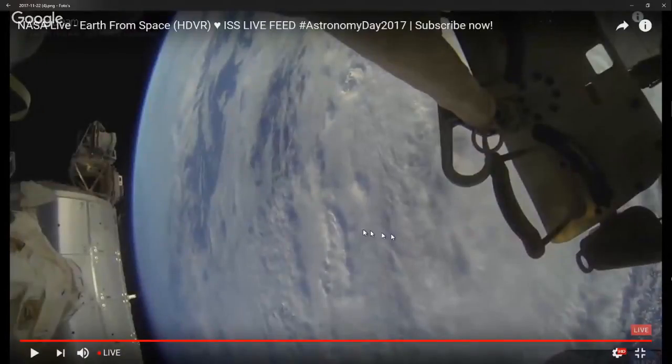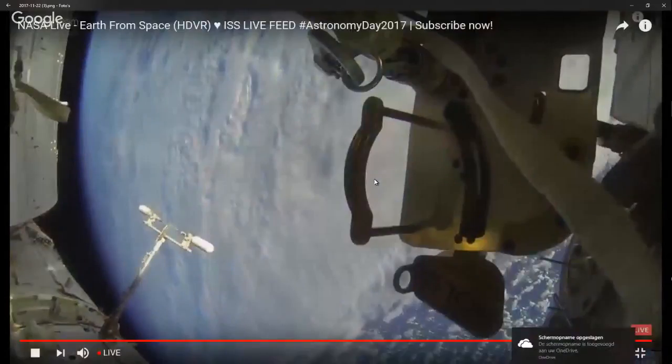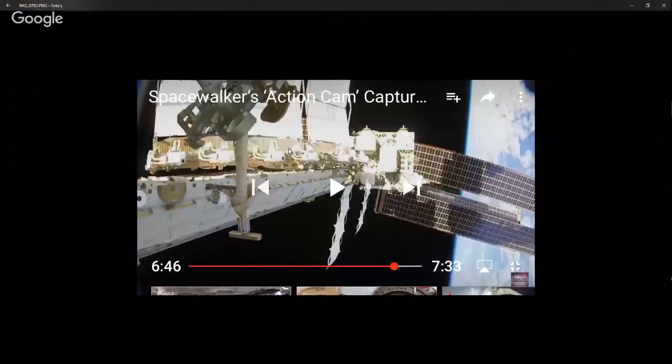One more time, look at this. Curved ISS space station, even more curved, bent. This should be straight and not curved, the ISS station. Look at this. Look at this.